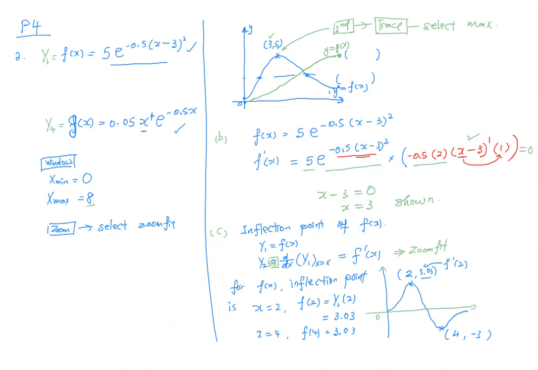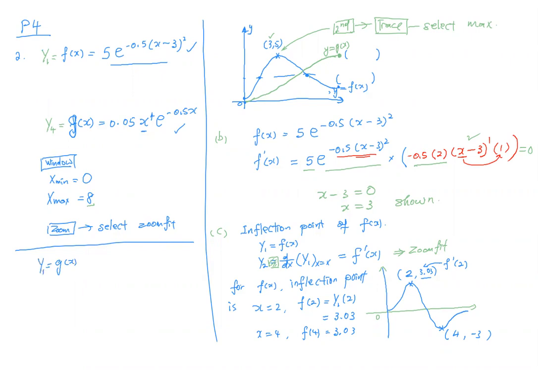So whenever you want to find the inflection point for a function, you have to plot the f prime x graph. Get the turning point. Get the x only, then go and find the y. Same with your gx. Your gx is in y4, correct?